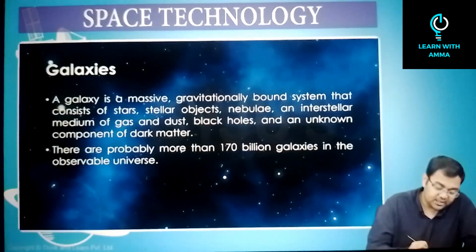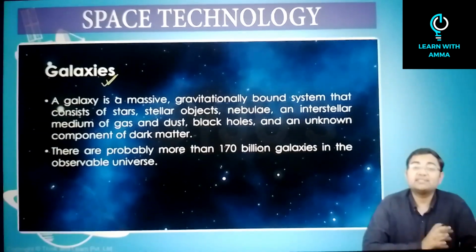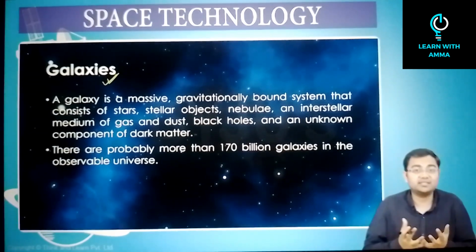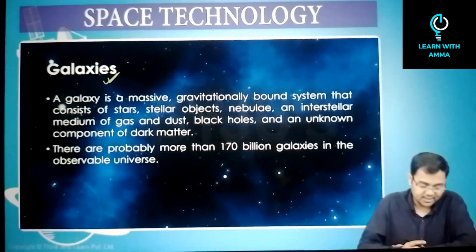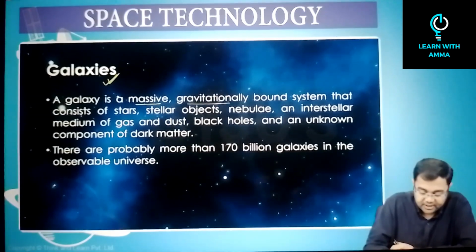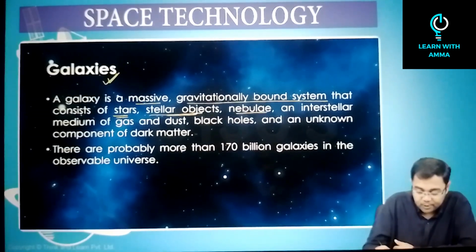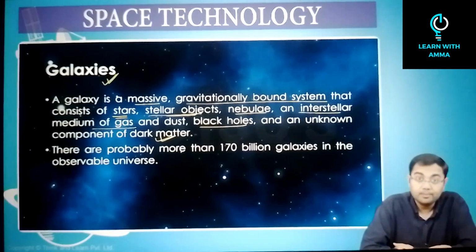Then after that, next is the phenomenon of galaxies. What is the meaning of galaxies? Galaxies are nothing but clusters of all the star systems and every other celestial body which is coming along with these stars. They form the galaxies. A massive gravitationally bound system that consists of stars, stellar objects, nebula and interstellar medium of gas and dust, black holes and an unknown component of dark matter.